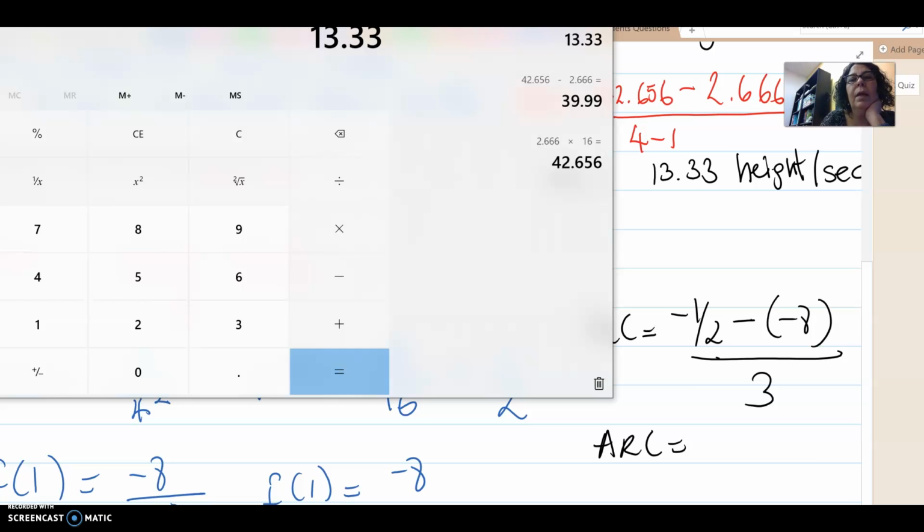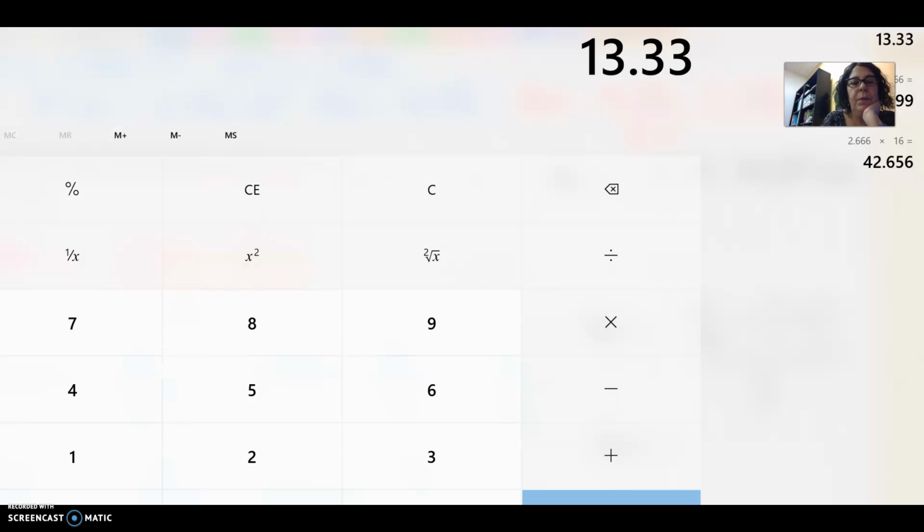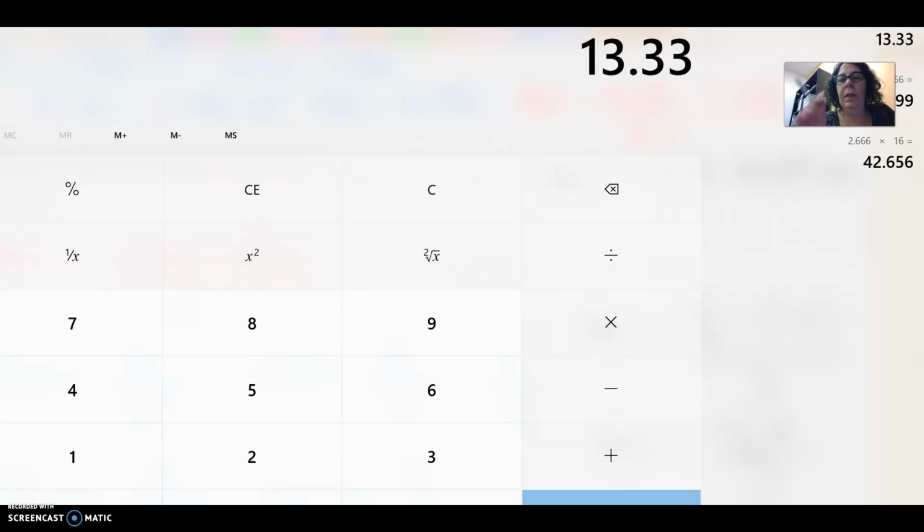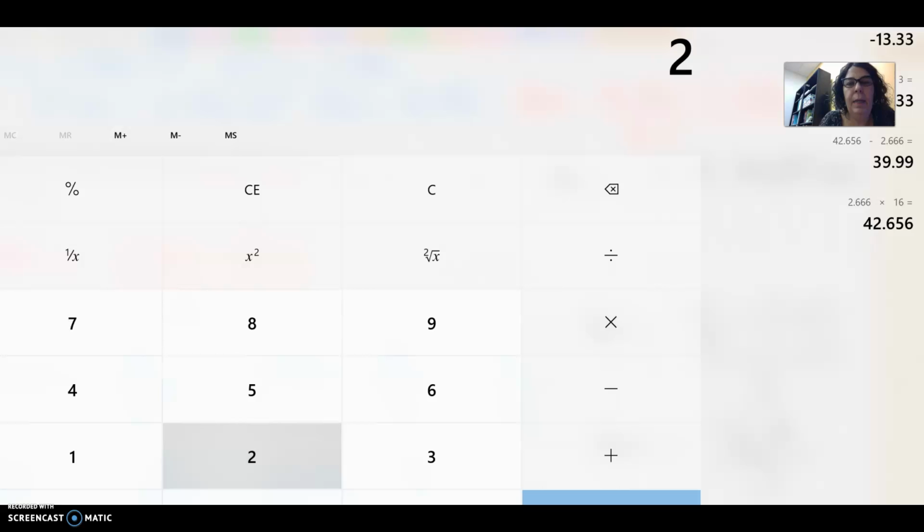So we need negative 1/2 plus 8, over 3. Let's do this in the calculator.